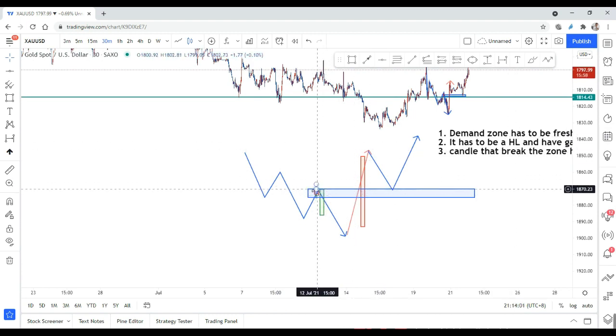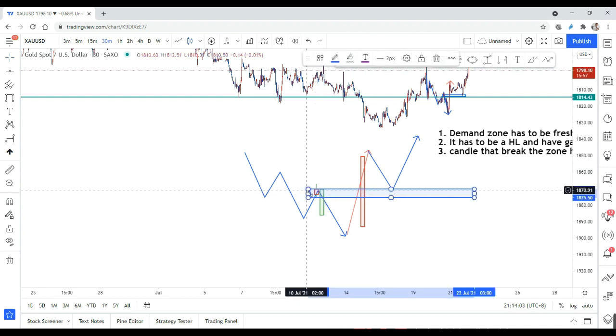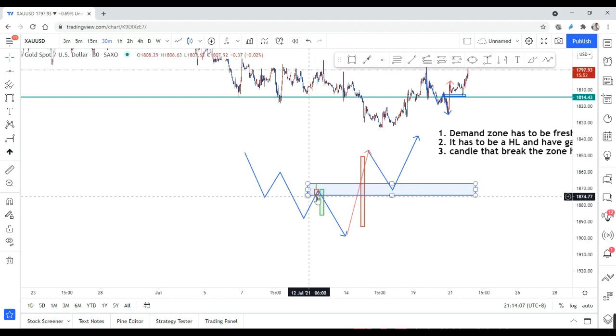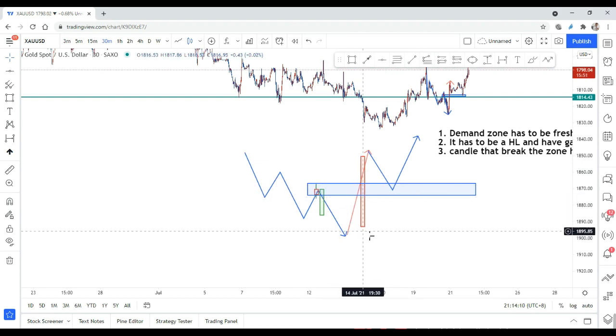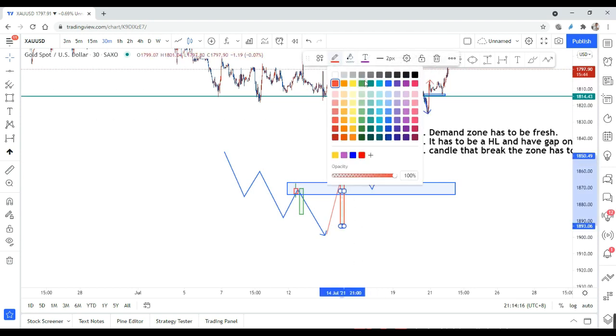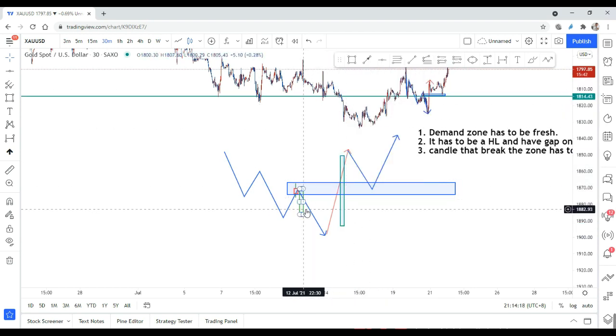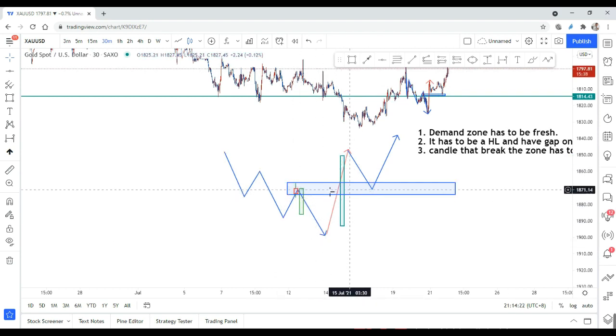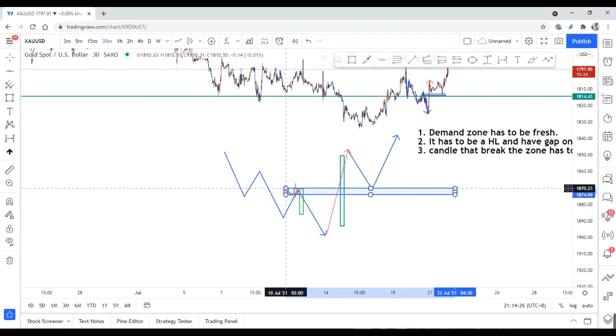Then this is a supply zone, so first you have to mark it as a supply zone. Then the price breaks in a single candle, which has to be a green candle, of course. This one has to be a red one, this has to be a green one. So the price breaks in a single candle. Now you mark the zone as if it's a demand zone.